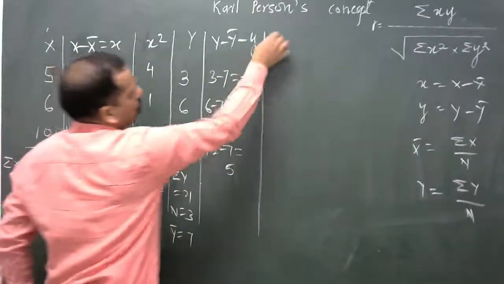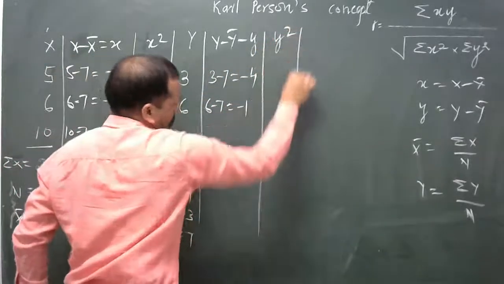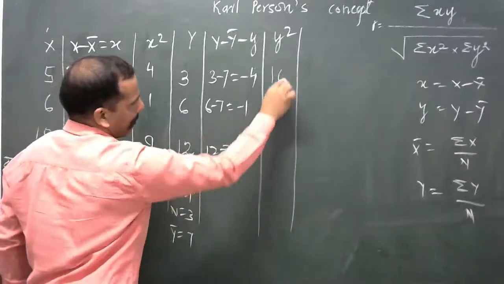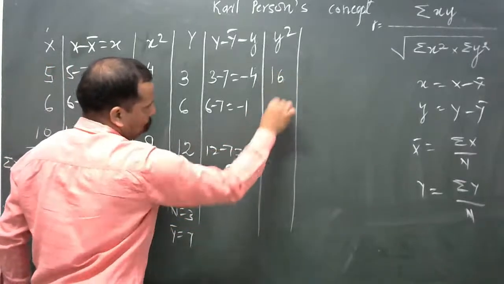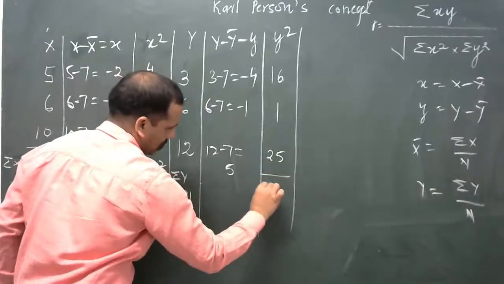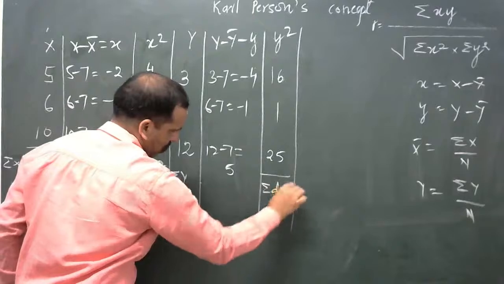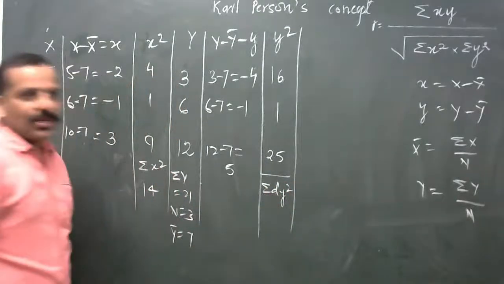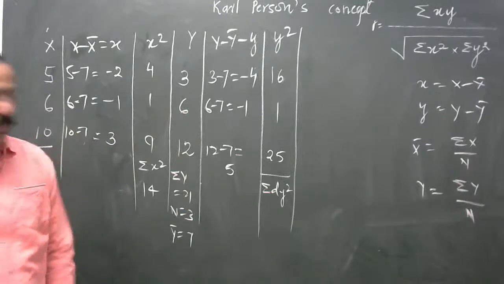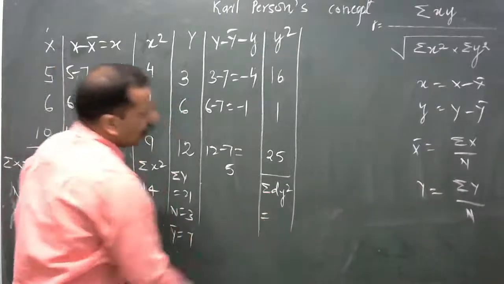So mean square of the deviation: 16, 1 and 25. So sum of dy square. I am writing dy square. Right or wrong? 40.